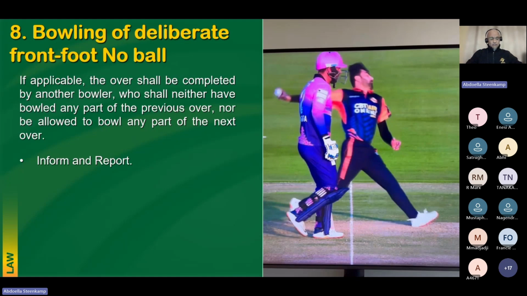And you've seen from that game, he's just gone from strength to strength, and he's made his debut at international level. So he is a South African Protea at the moment. So context is important when deciding whether it's a deliberate front foot no ball or not.